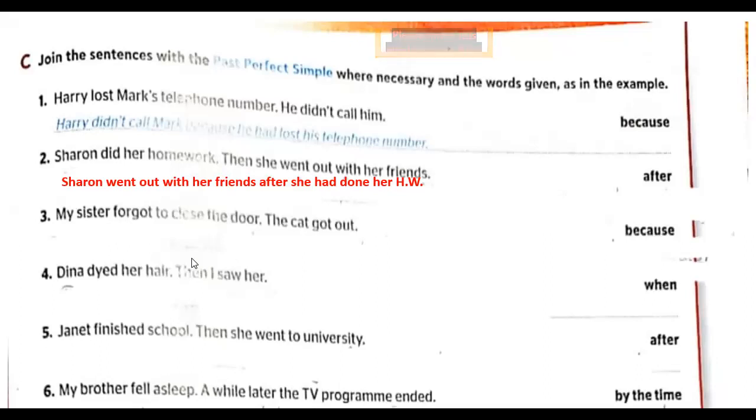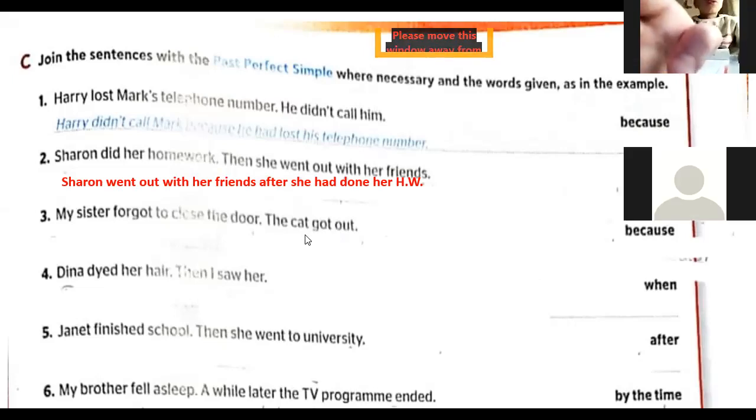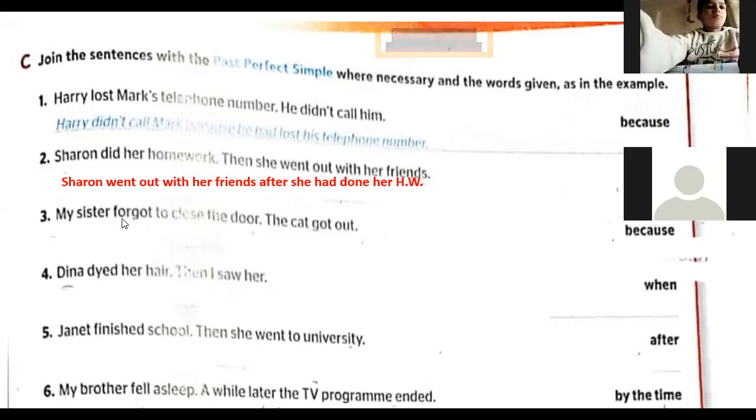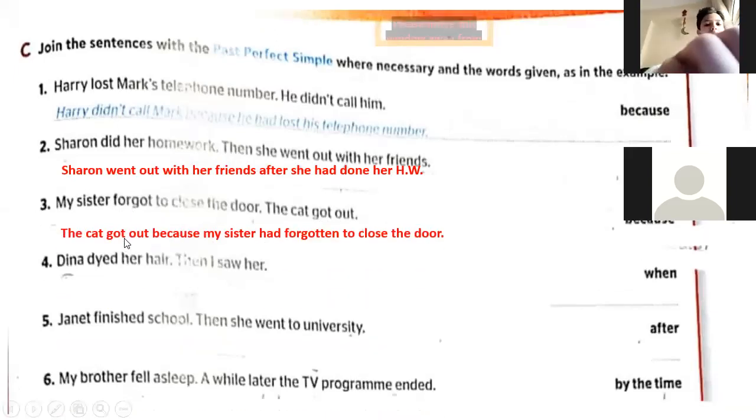Start with action number 2, then put because, then action number 1. The cat got out because my sister had forgotten to close the door. Excellent. Had forgotten. Thank you, Abdelrahman.